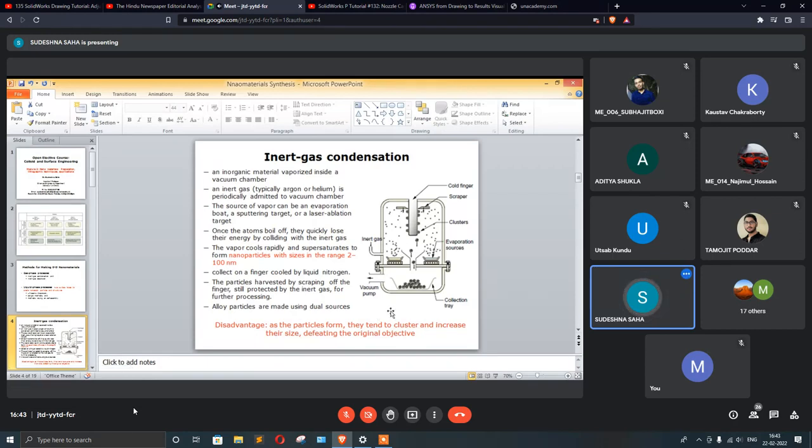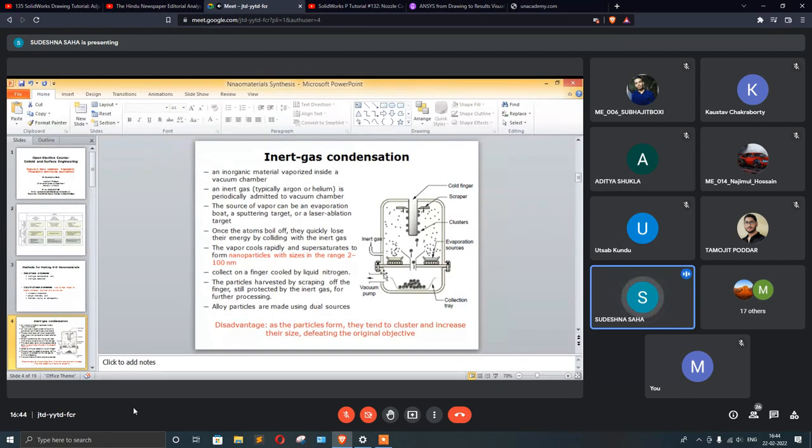In this particular case, an organic material is vaporized inside a vacuum chamber, and inert gas, either helium or argon, is periodically admitted to this vacuum chamber. The source vapor can be an evaporation boat, a sputtering target, or a laser ablation target. Either of them. So these are the evaporation sources. And from here, the inert gas is introduced to the vacuum chamber.